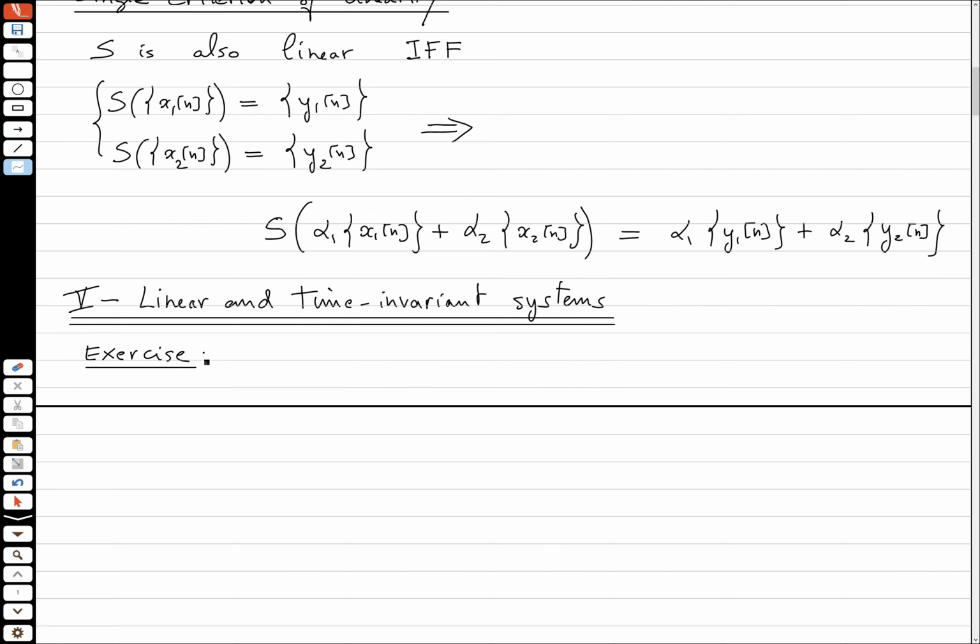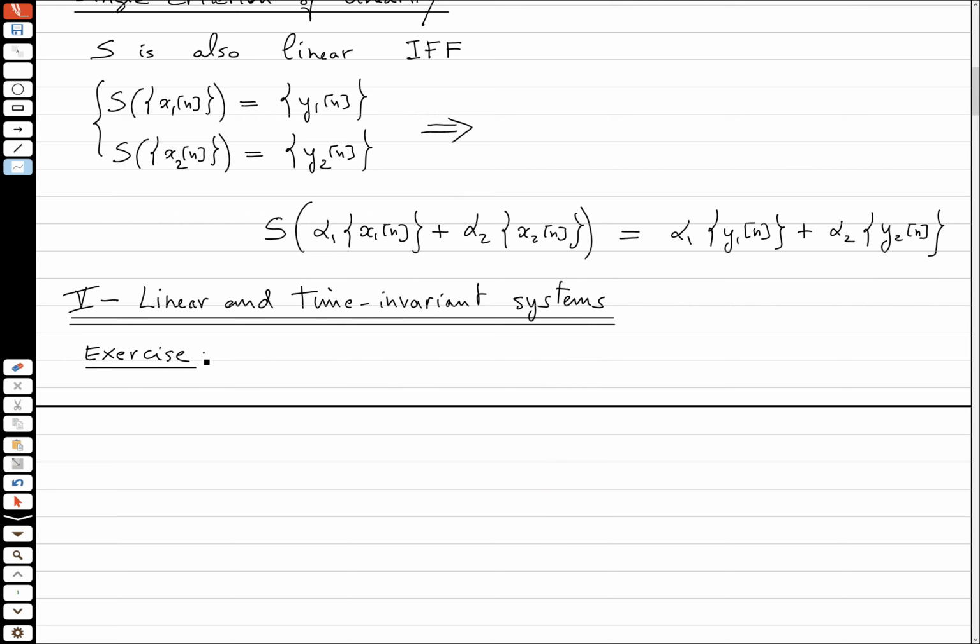Until now, the typical example exercise we've done is that I gave you a system explicitly by giving its formula, and the exercise was to figure out whether it satisfies the properties of linearity or time invariance.